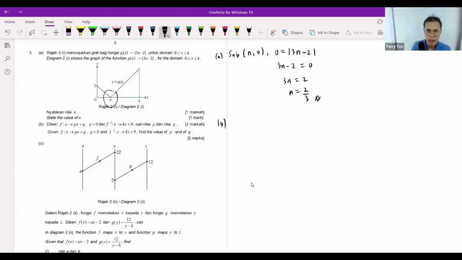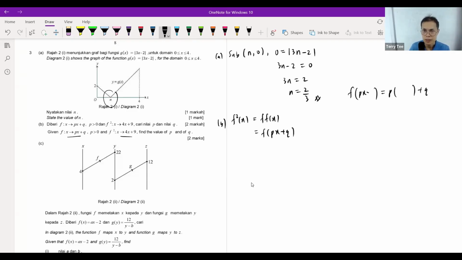Next, look at part B. We're given a function f(x) and f2(x), what we call a repeated or iterated function. So we are putting f(x) inside f(x). f2(x) is f(f(x)). So we're going to calculate by putting f(x), which is px plus q, inside px plus q. Think f bracket is p bracket plus q.